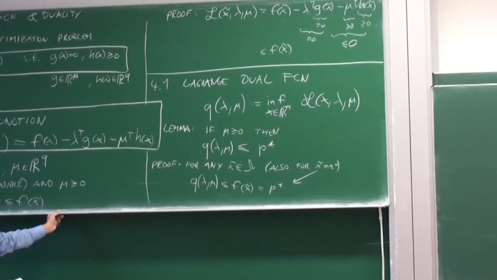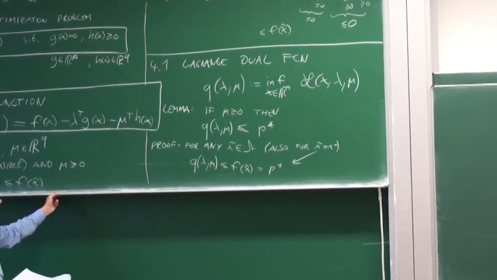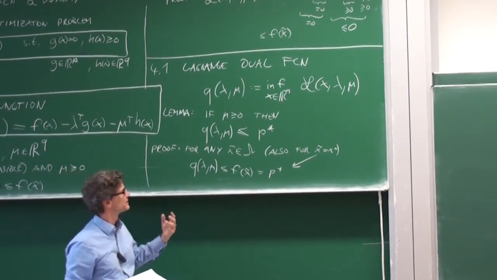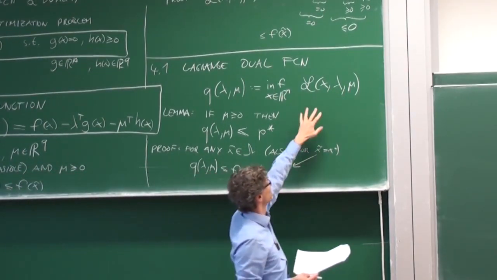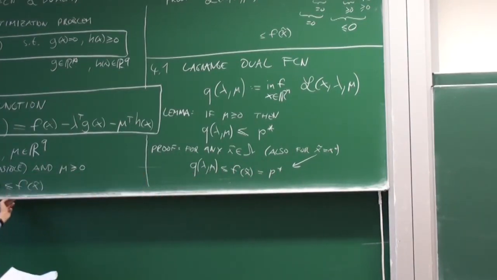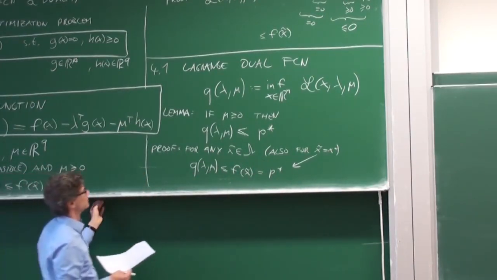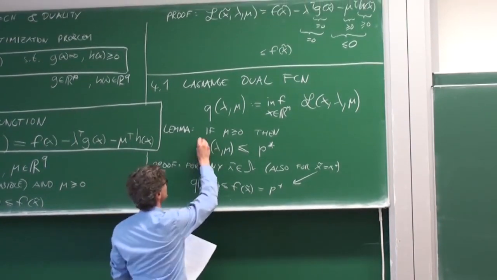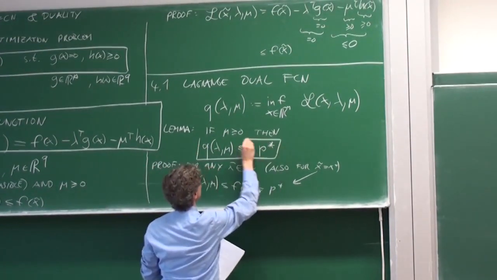So this is already something interesting. Now we have a function which does not depend on x anymore, which in some cases we will see we can explicitly compute, and which gives us a lower bound on the optimal function value. So this is very interesting.